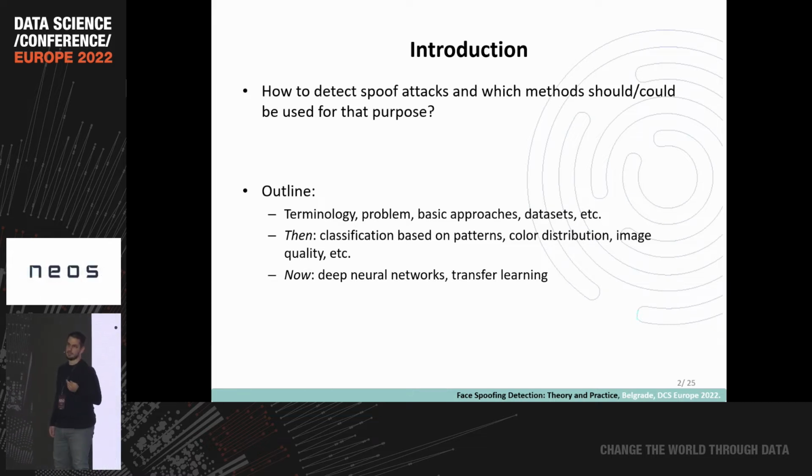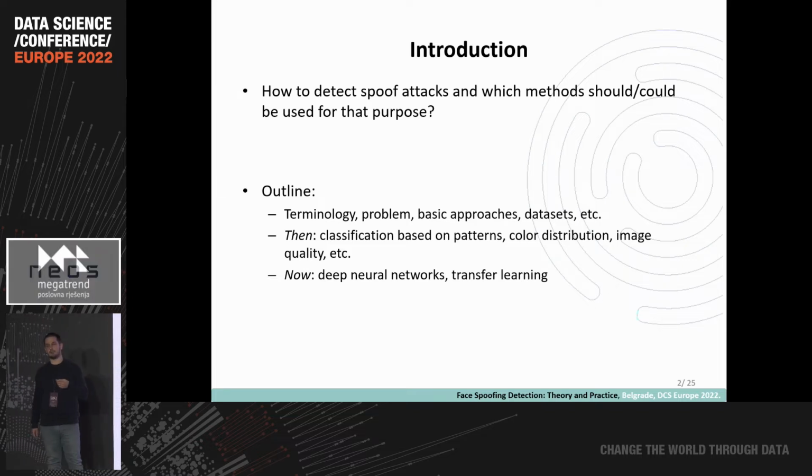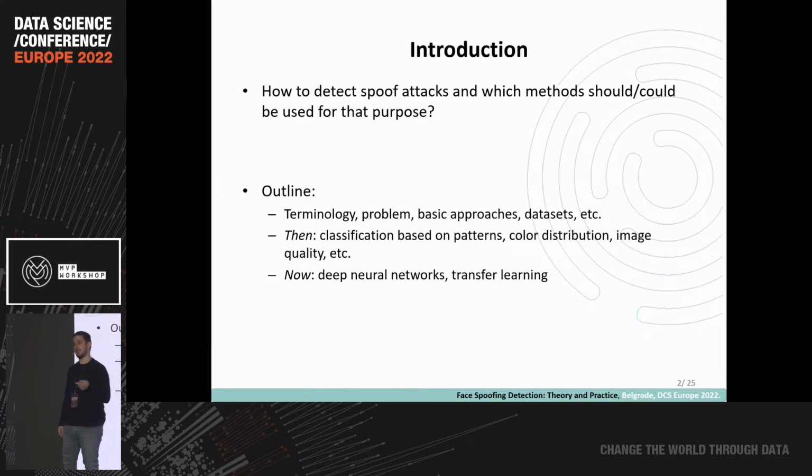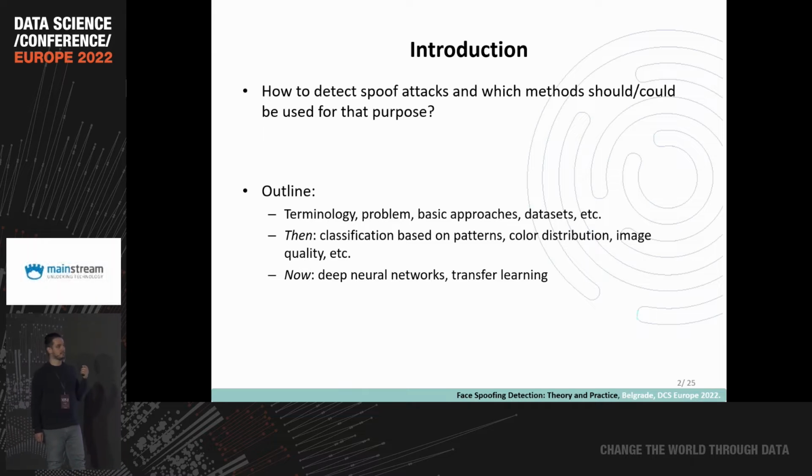The outline for this presentation is given on this slide. First, I will talk a bit about the problem, the terminology, some basic approaches for solving this problem, and data sets and performance metrics also.